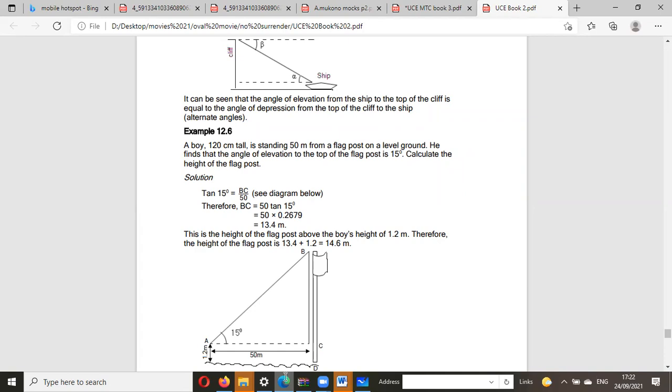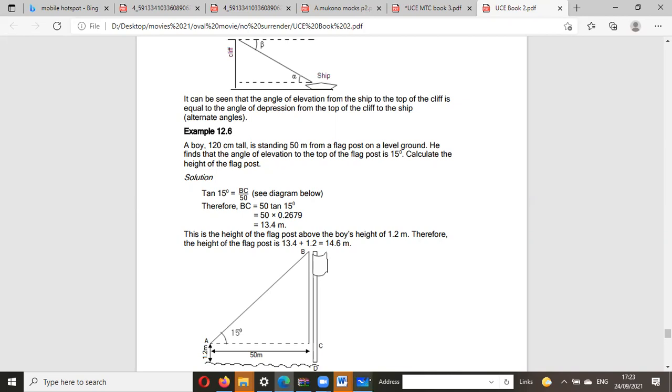So he is 50 meters away from the flag post on the leveled ground. He finds that the angle of elevation to the top of the flag is 15 degrees. Calculate the height of the flag post.